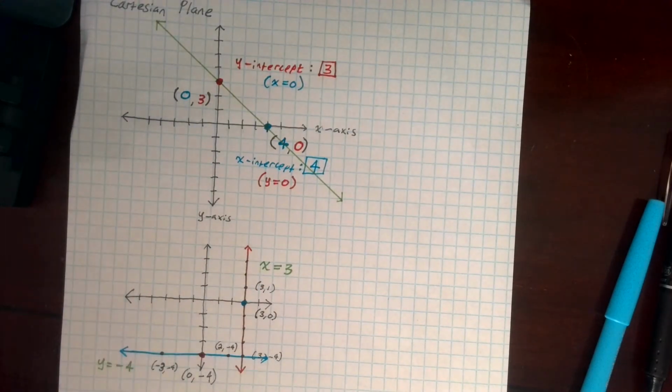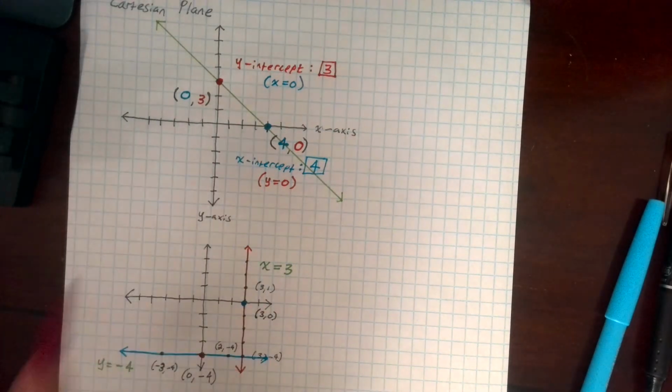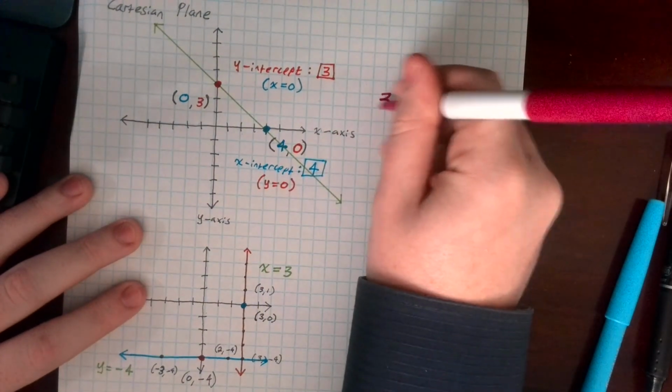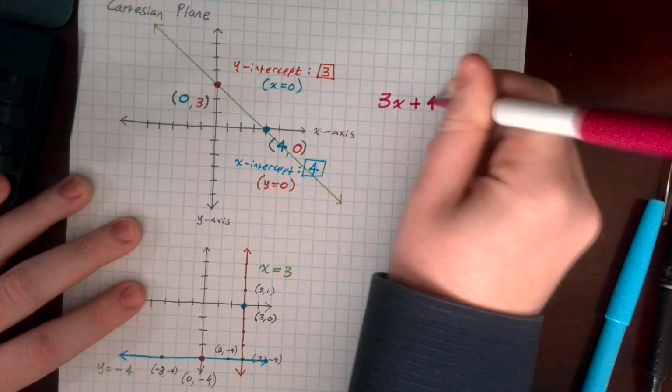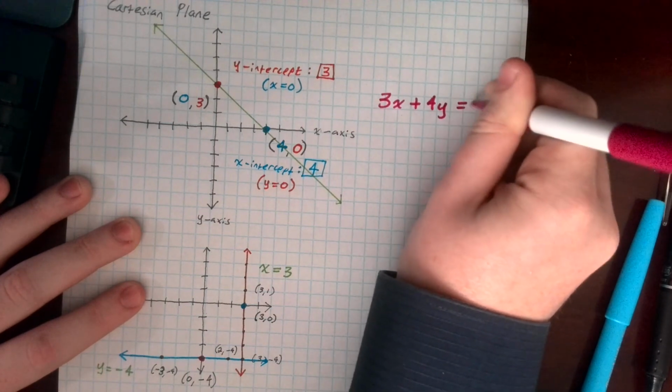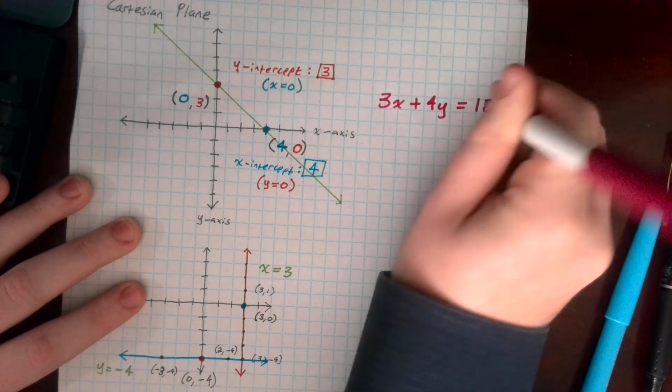What you will not be asked to do is you will not be given a graph and asked to write out the standard form. Not just yet. However, I'm going to tell you that for this graph we did originally, the equation in standard form is 3x plus 4y equals 12.